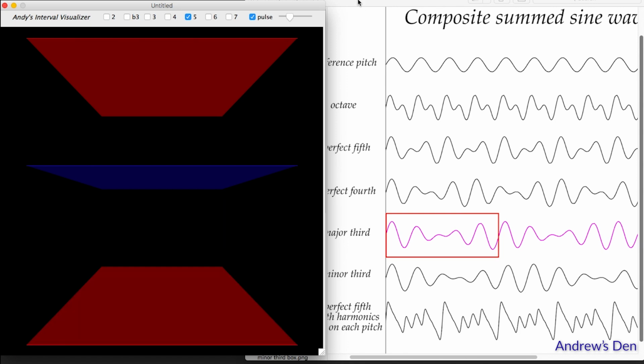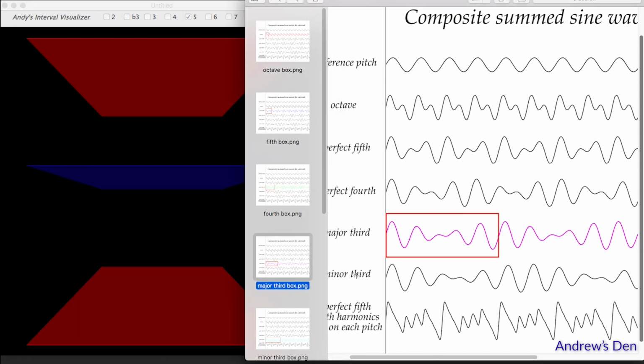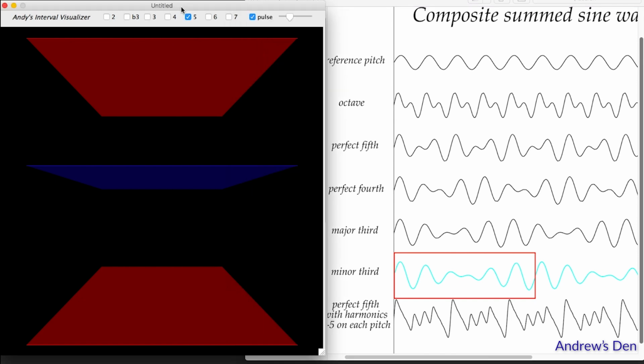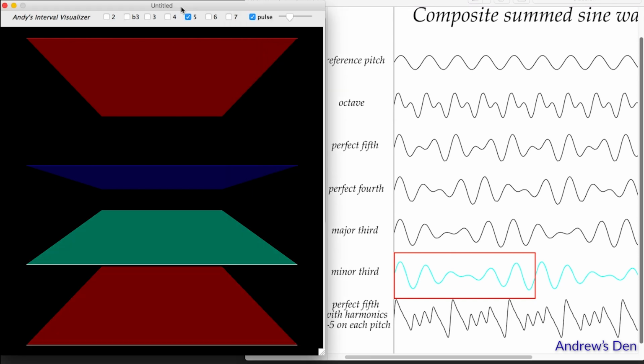The last one I put in here is the minor third, and that's ratio 6 to 5, so you'd expect 6 peaks, and indeed we have 1, 2, 3, 4, 5, 6 peaks. Let's take a look at a minor third. And that's the pattern it's making there, with light instead of sound.